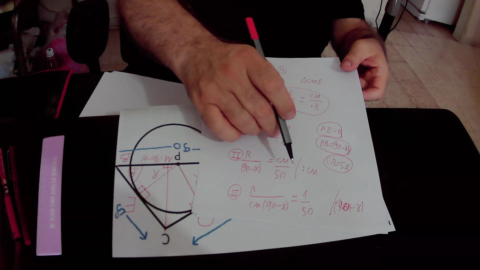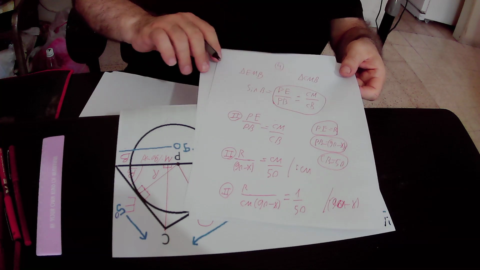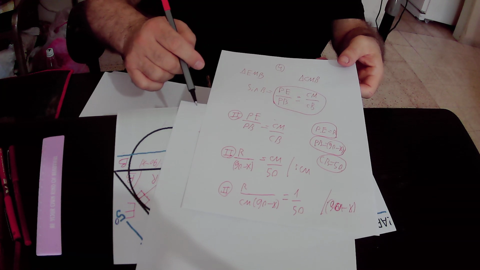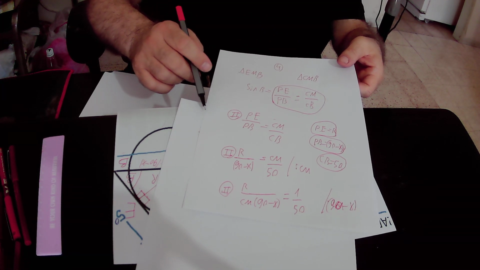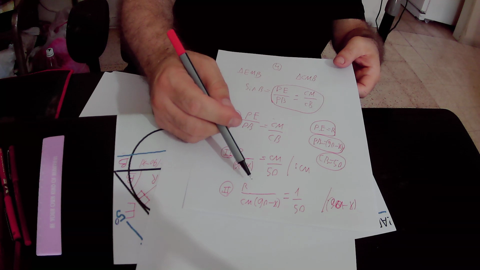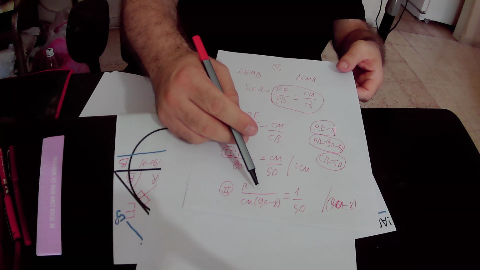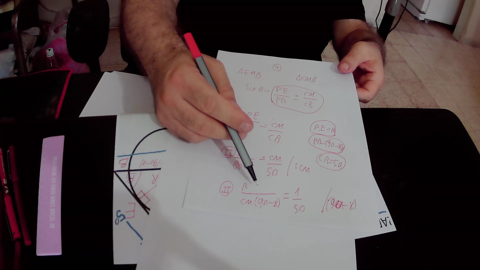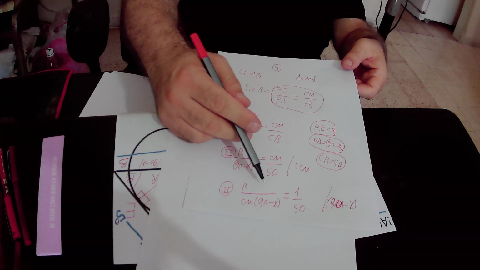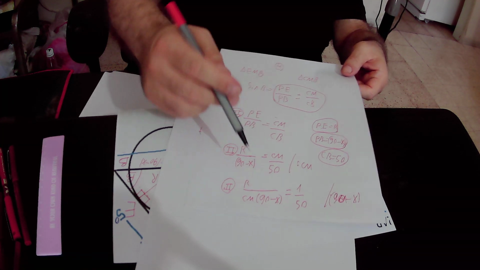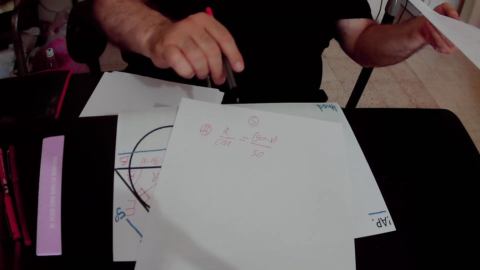So 1 over 50 times 90 minus x equals 90 minus x over 50, and R over CM times 90 minus x divided by 90 minus x equals R over CM, because 90 minus x is cancelled, as we have 90 minus x both in the numerator and in the denominator, and we're left with R over CM.